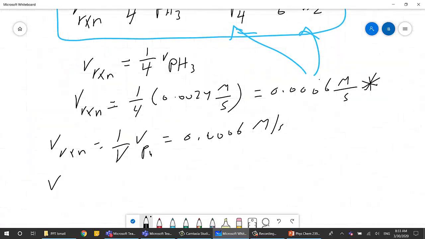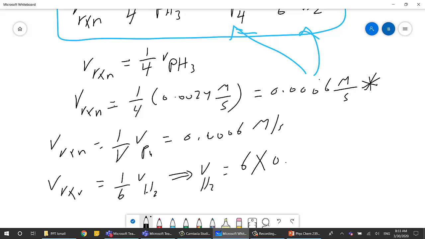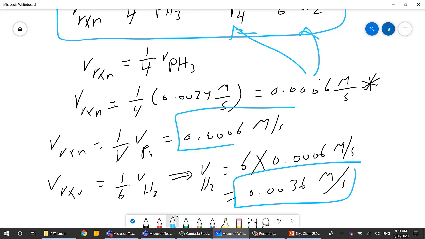So V of reaction is equal to 1 over 6 V of H2. So V of H2 must equal 6 times 0.006 molar per second, and this equals 0.036 molar per second. So these are the answers.